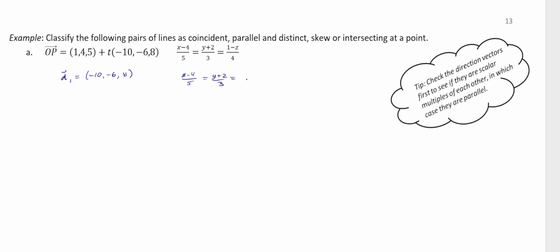Then I factor out a negative from the numerator, z minus 1 all over 4, and bring that negative to the denominator, so I have z minus 1 over -4. Therefore, the direction vector for line 2 has components, just the denominators, 5, 3, and -4. So I'm going to check if parallel.